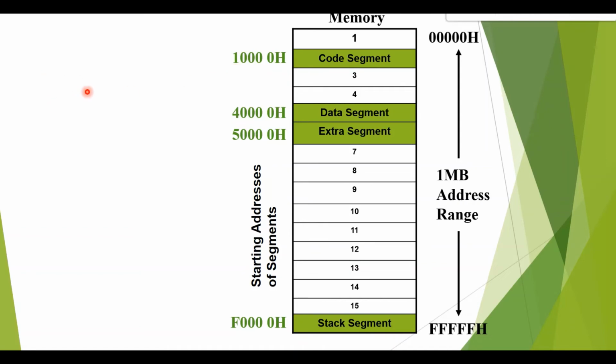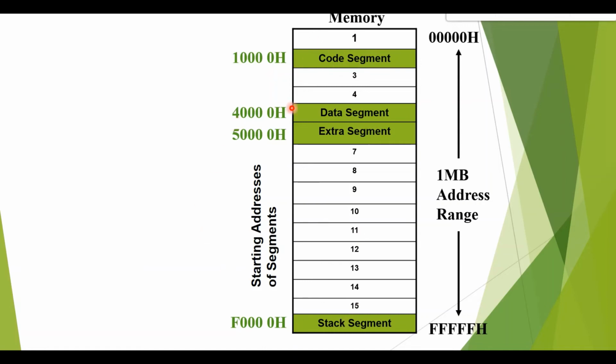So it is 0001, then 0000, 0000, 0000. Then this is a 4, meaning 0100, and remaining 0. Then 5 is 0101, remaining 0. F is 1111, remaining 0. So these are the 20-bit addresses of the active segments.